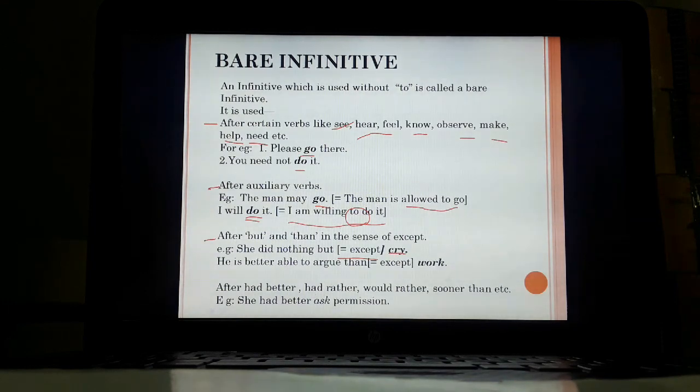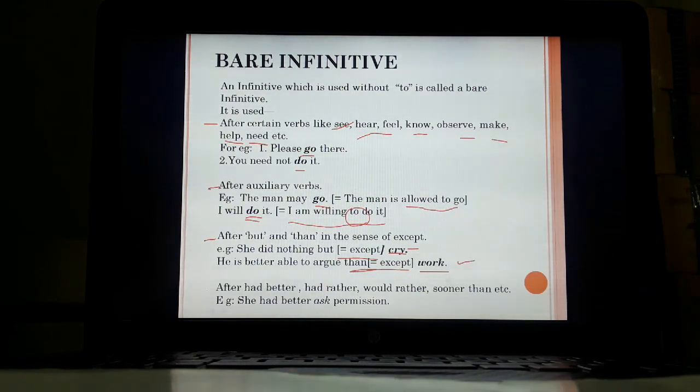Here, cry is a bare infinitive. Next sentence, he would rather argue than work. Here than is saying something about except: except working, she did something. So here cry and here work, those two are bare infinitives.